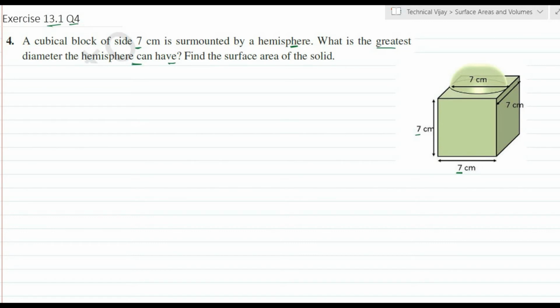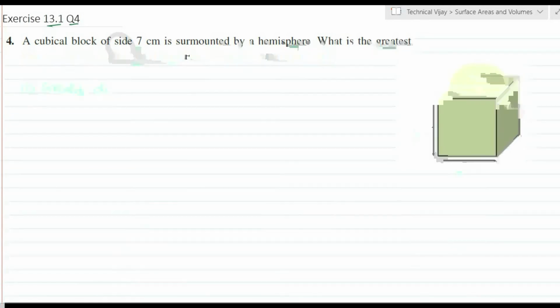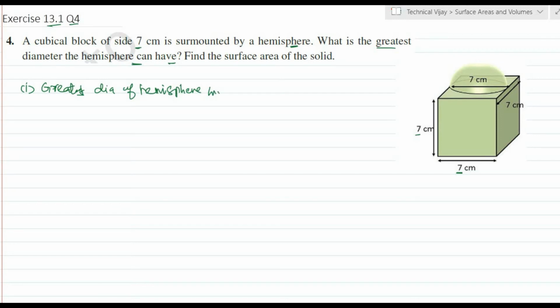The greatest diameter will be 7 centimeter, that is the side of the cube. The greatest diameter of the hemisphere will be one side of the cube, that is the maximum. So D is equal to 7 centimeter for the hemisphere.